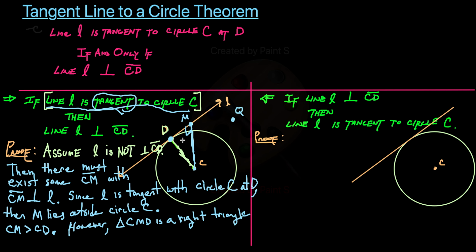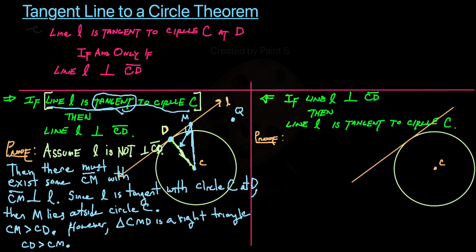Since it's a right triangle, it has a hypotenuse, and the hypotenuse is opposite the right angle. That's CD. So CD is the hypotenuse in this right triangle. That makes CD the longest side in this triangle. So then CD is greater than CM.